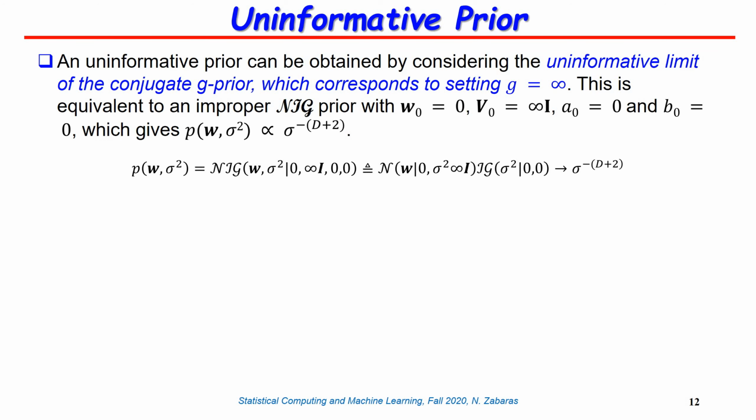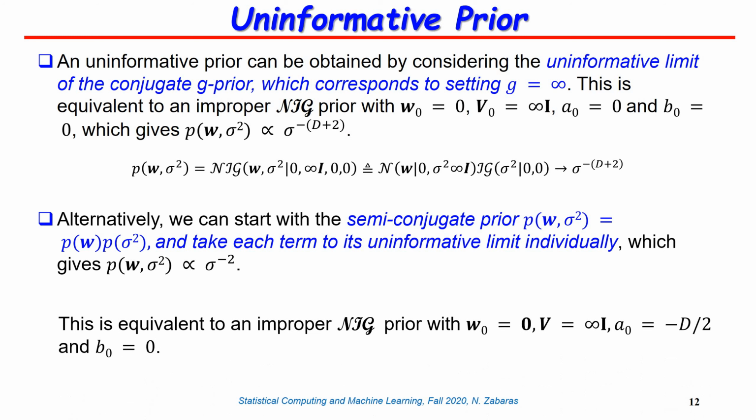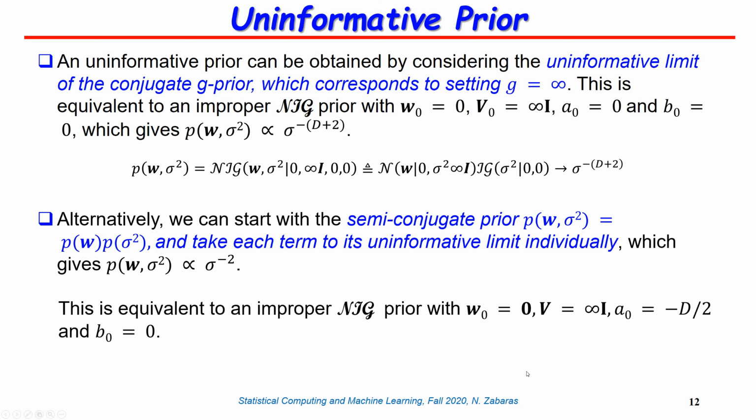You can actually go a little bit further to discover the fully uninformative prior on W and sigma squared that we have seen in our lecture on prior models, which is 1 over sigma squared. The way you can discover 1 over sigma squared from the conjugate priors that we consider here is with the following choice of parameters.